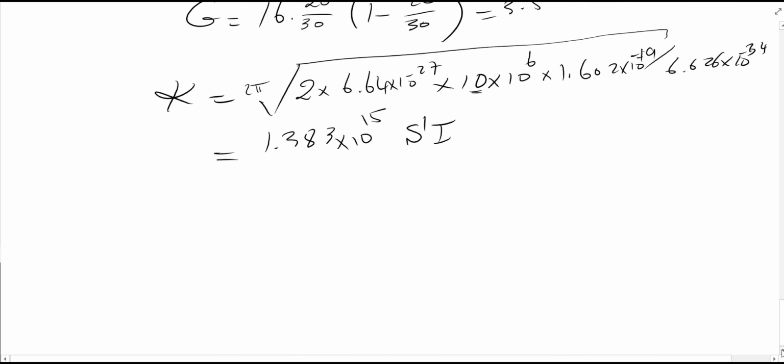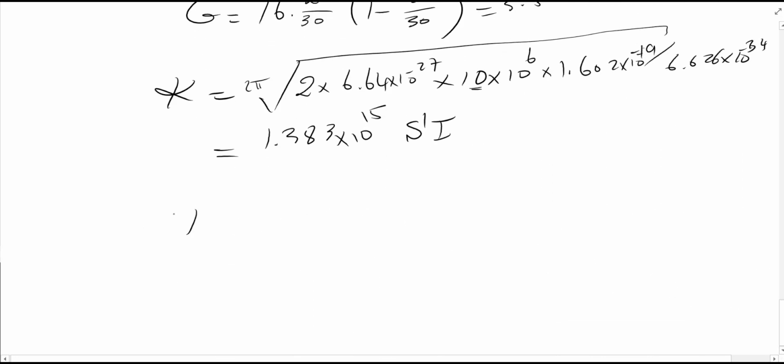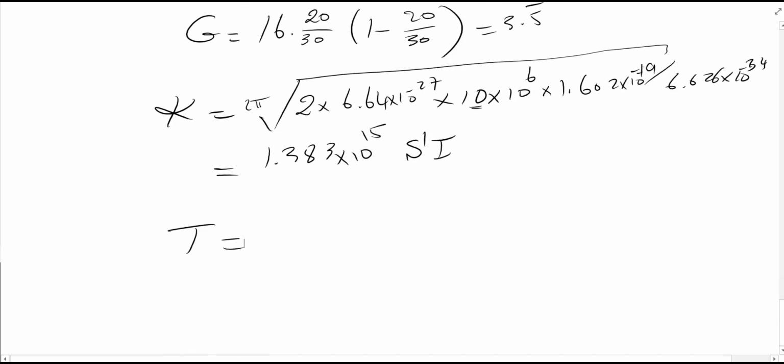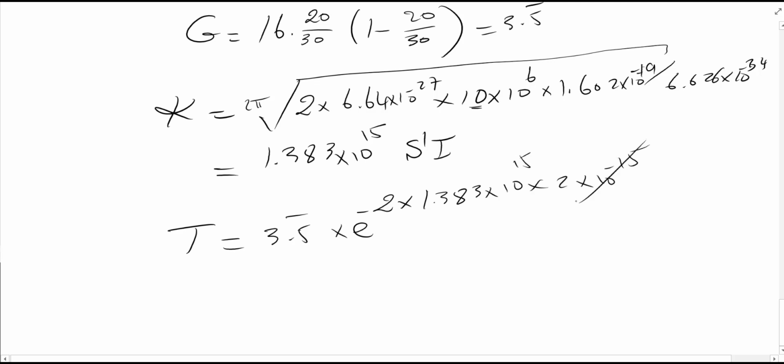So now T for this case, again, it's going to be this new G, which is 3.5 repeating, times the exponential of negative 2 times this number, which is 1.383 times 10 to the power 15, times 2 times 10 to the negative 15. From the get-go, these two numbers cancel, and you basically have a negative 4 times.